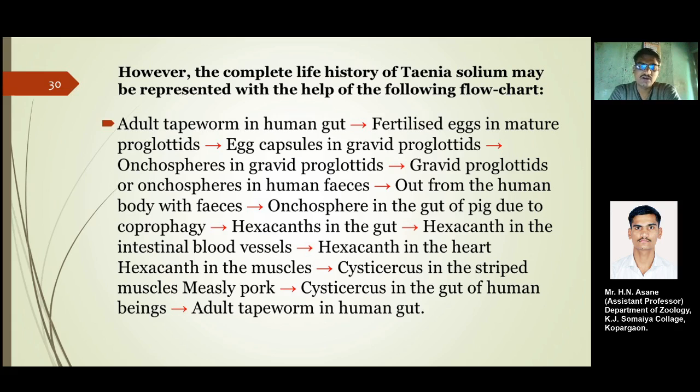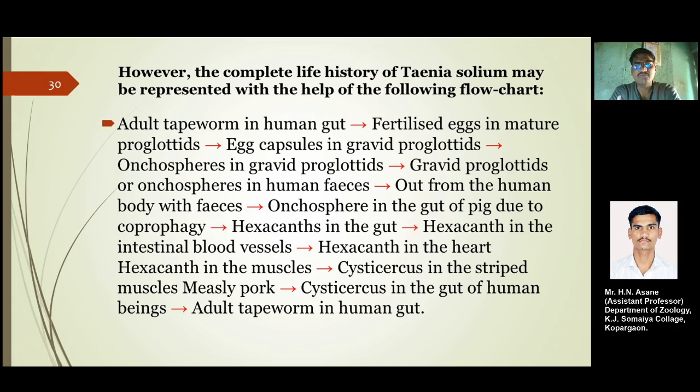Then the cysticercus in the gut of the human being invades, and after that infective stage, the adult tapeworm in the human gut again gets attached by means of the hooks or its rostellum. So it will be attached to the mucous membrane again.